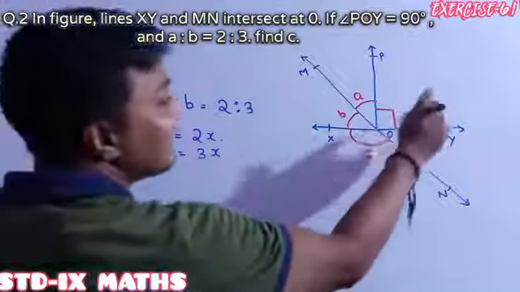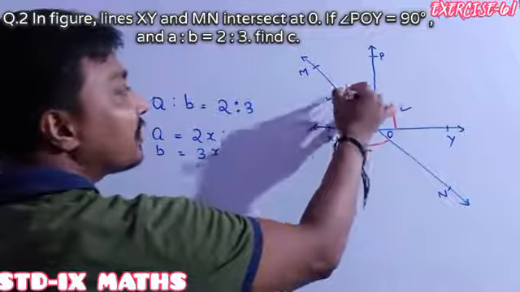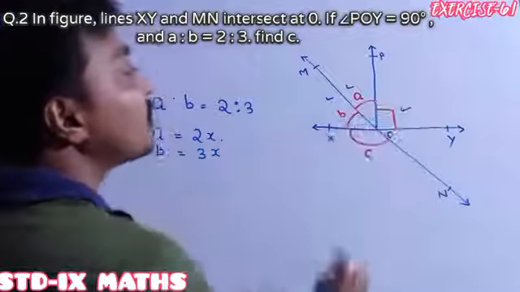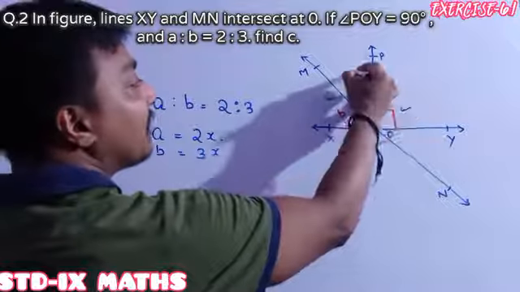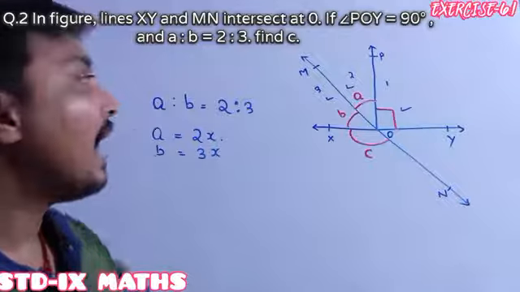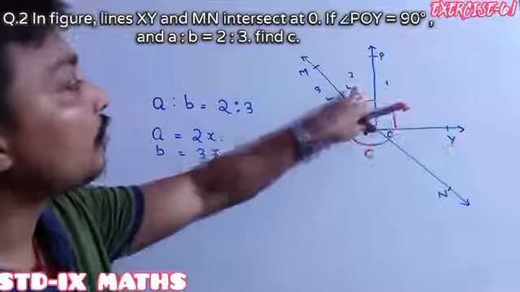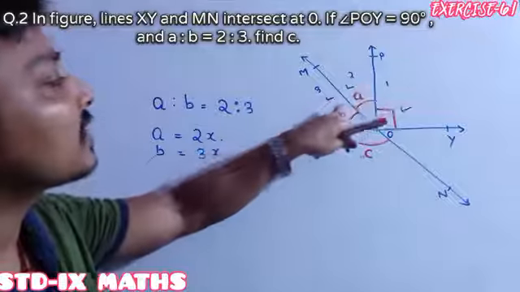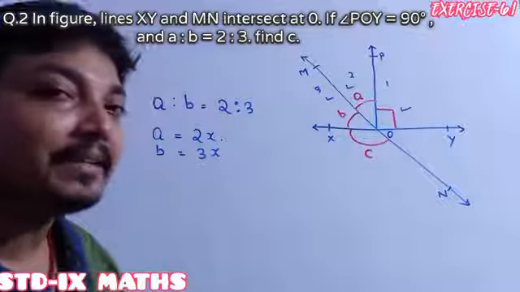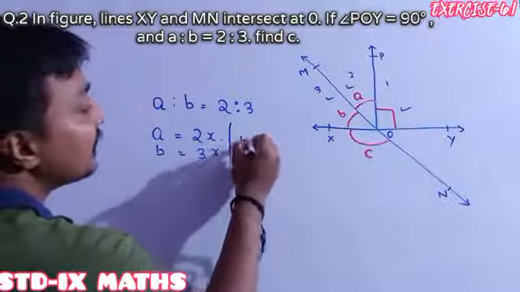See, as this angle is 90 degrees, 100% this angle plus this angle, the sum is 90 degrees. Because the sum of angle 1, angle 2 and angle 3 is equal to 90 degrees, and as angle 1 itself is 90 degrees, the sum of angle 2 and angle 3, that is A and B, will be 90 degrees.